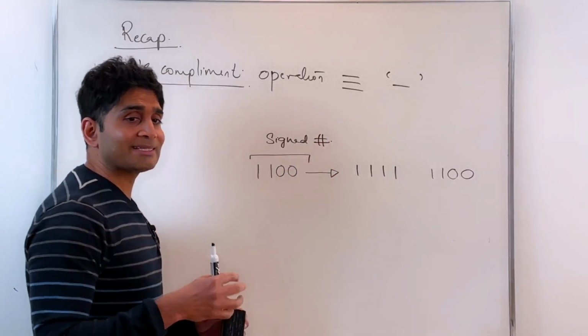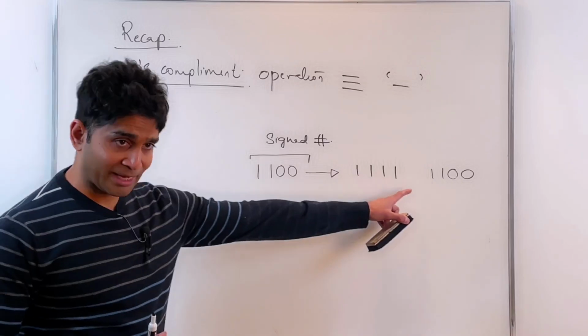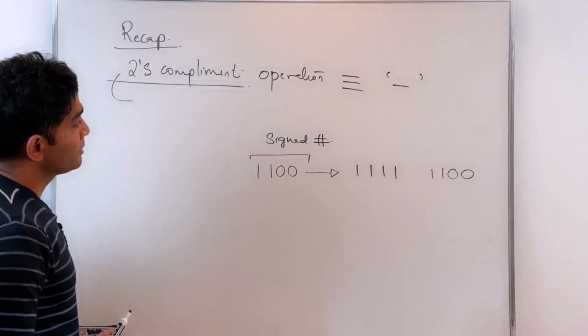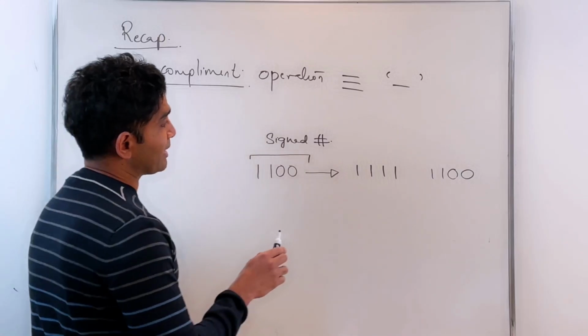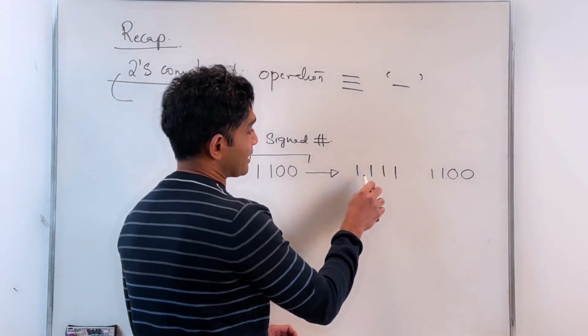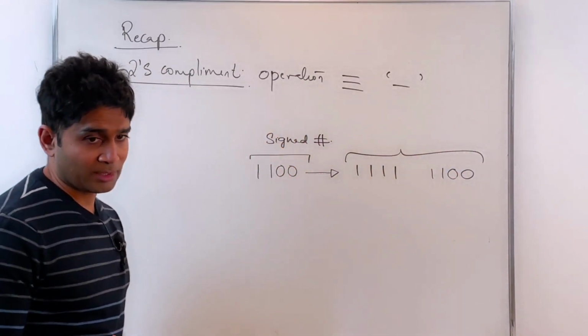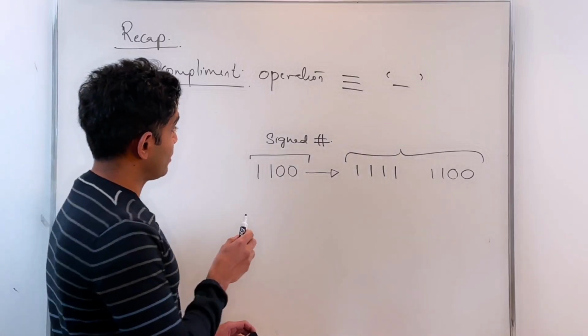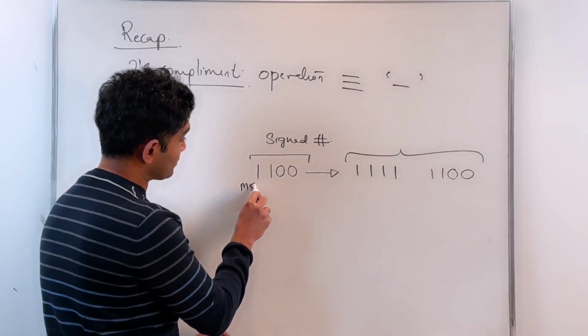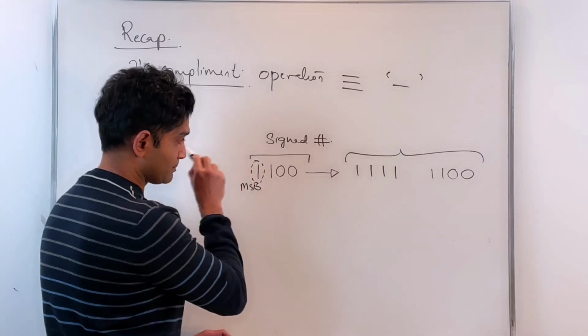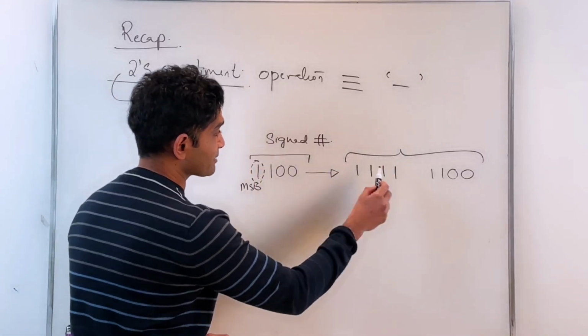So when I want to extend a signed number to 8 bits, I need to make sure that the extended number has the same value and the sign. The most significant bit before extension was this, and the most significant bit after extension is this.